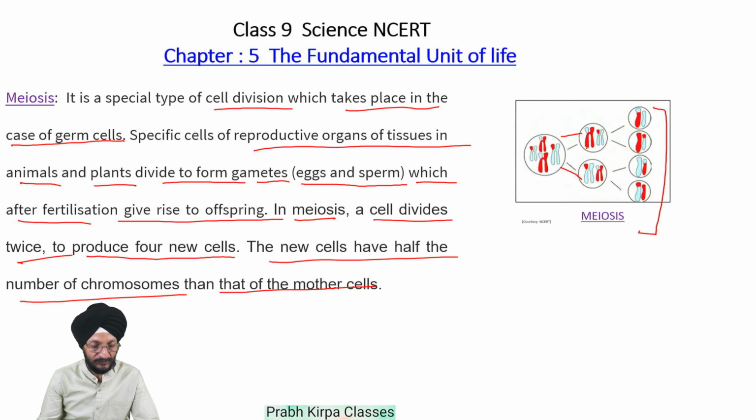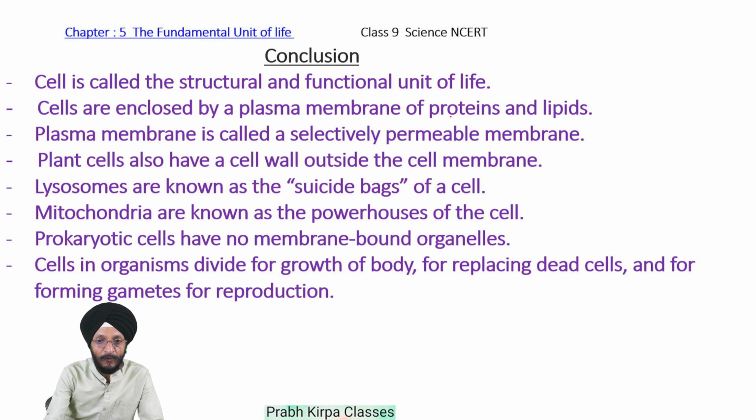Now we come to the conclusion of this course. We have learnt that the cell is called the structural and functional unit of life because in a unicellular organism, all the functions are performed by a single cell and it provides the structure to the organism.